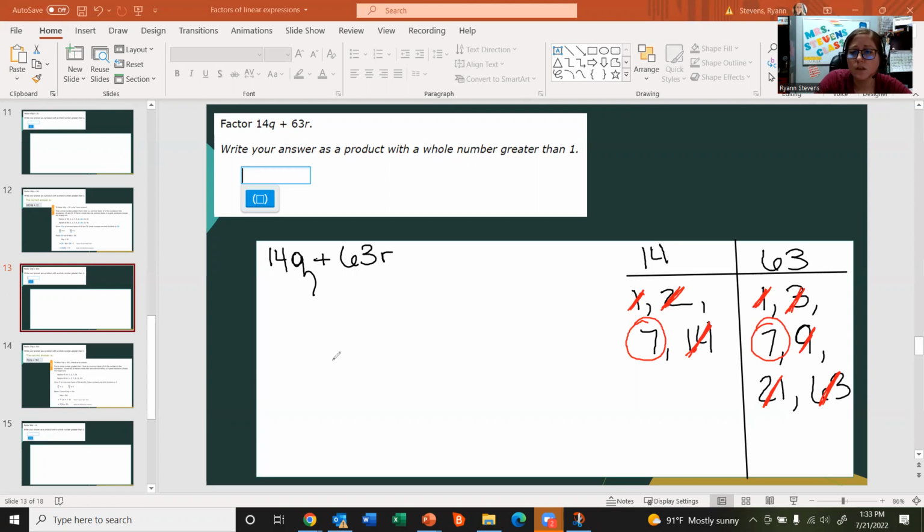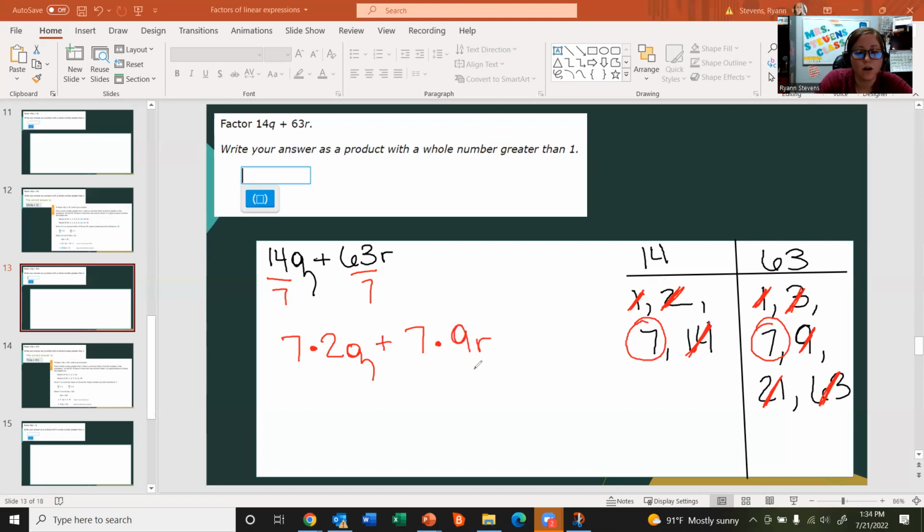So the number that we found that is a factor of 14q and 63r is going to be 7. We're going to divide both of these by 7. And then we're going to factor 7 out by saying we've got 7 times 2 would give us 14. 2q plus 7 times 63 divided by 7 would be 9.